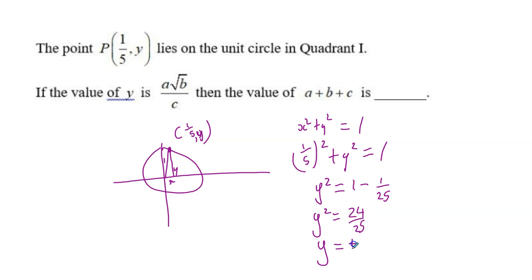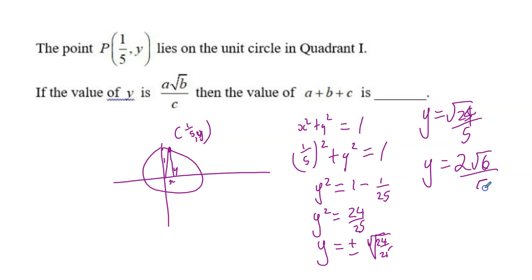So y, now it would be plus or minus, but we're in quadrant 1, so it's positive. Root 24 over 5. And what goes into 24 is 4, so that's 2 root 6 over 5.